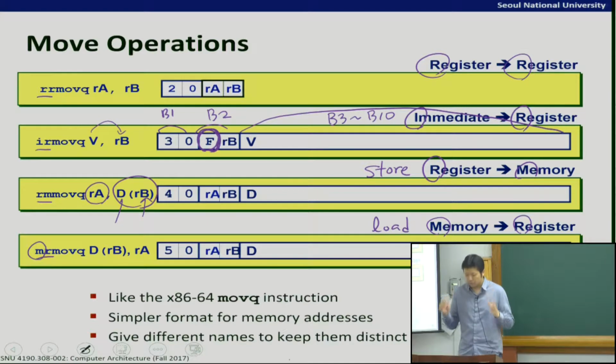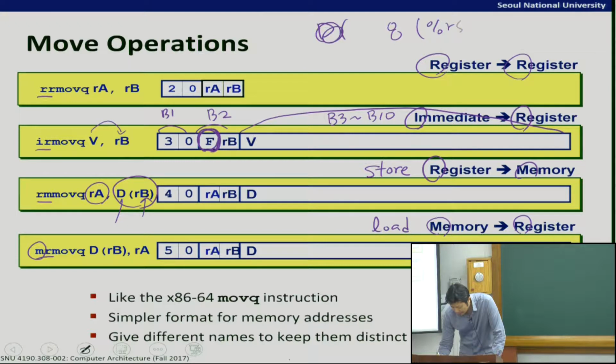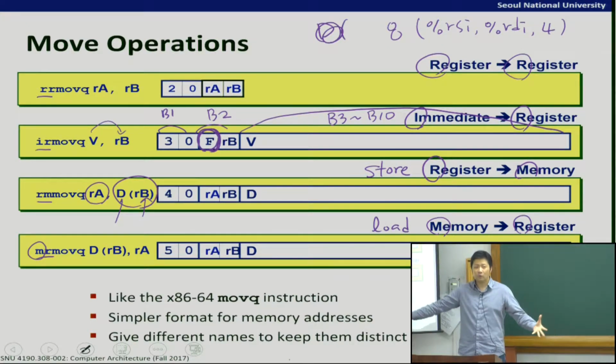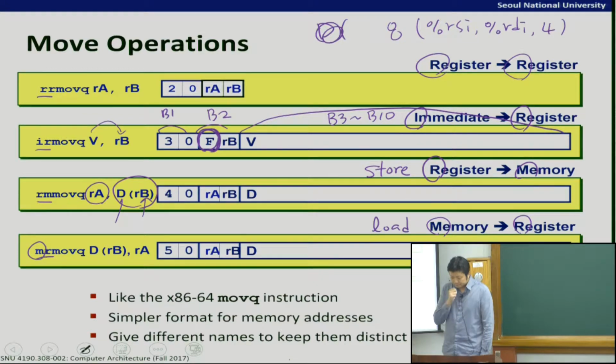But in the more general form, if you remember, in the original x86-64 we supported more complex addressing, something like 8 plus RSI, RDI, 4, or something like that, right? That's more like the general form, which is not supported here because it's too complex. So it's a design choice.